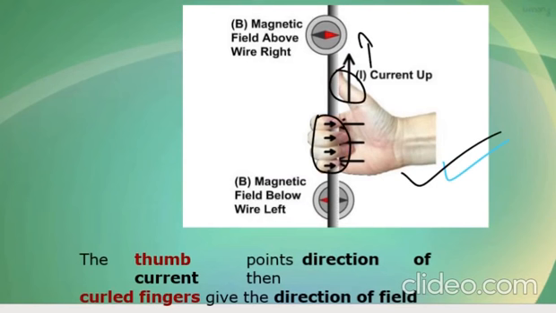And the curled fingers will show the direction of the field. Very simple, right? So current is going up, but how are the field lines going? They are going in a circular way around the rod. Correct. So this is how you can remember the RHT rule, right hand thumb rule.